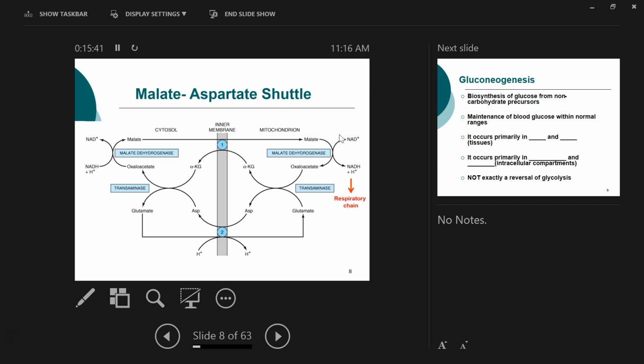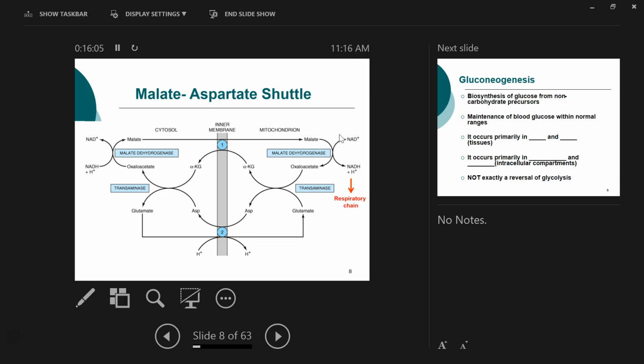So eventually NADH in the inner mitochondrial membrane then enters the electron transport chain. Because the NADH eventually enters the electron transport chain, it is able to produce 3 ATPs.